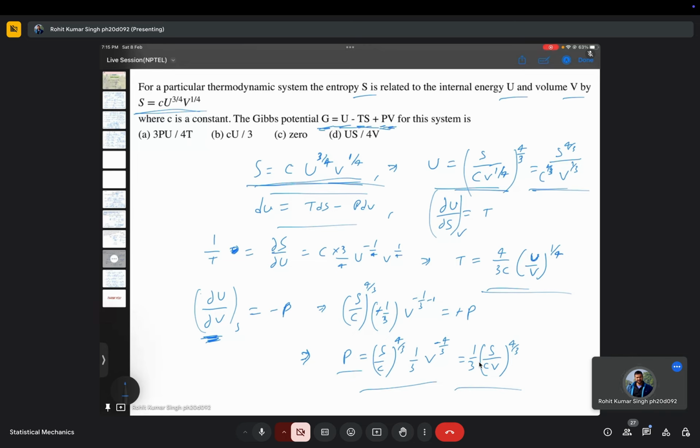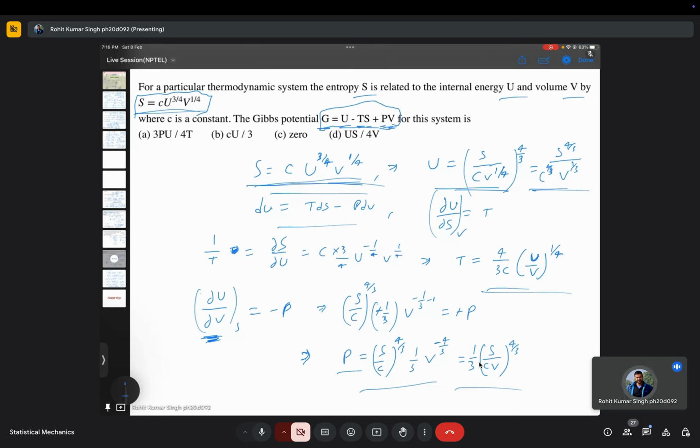These are all the other thermodynamic potentials. These are all state functions like potential energy and entropy. So for this kind of entropy, which depends on u and v, we get zero Gibbs potential, okay?